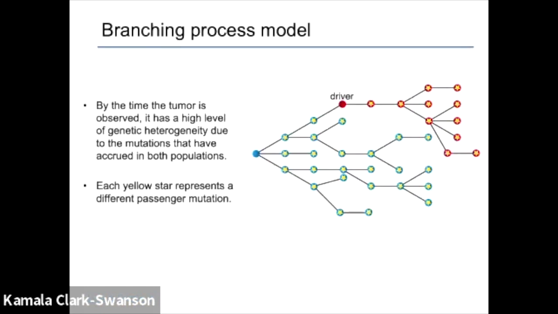And just to bring home the point that there's a lot of heterogeneity in this process due to passenger mutations, you can see it depicted here where each yellow star represents a different passenger mutation. Blue is the parental and red is the subclonal driver population.